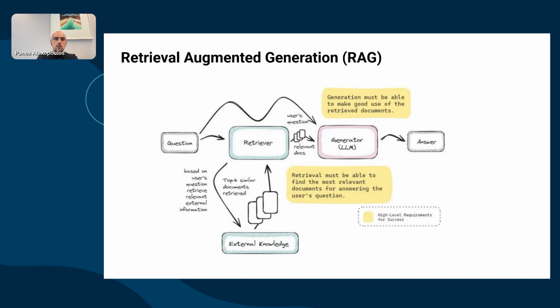These top K similar documents will form the context of our question, and along with the question will be fed to the LLM. Then the LLM will use this context to reason and answer the question. What we expect from this is that because we give the LLM particular context, we will reduce as much as possible the probability of hallucination, and that will increase the chance that we'll get a meaningful answer.